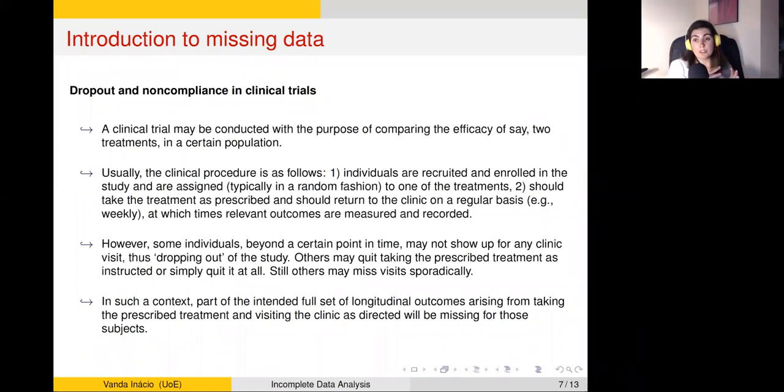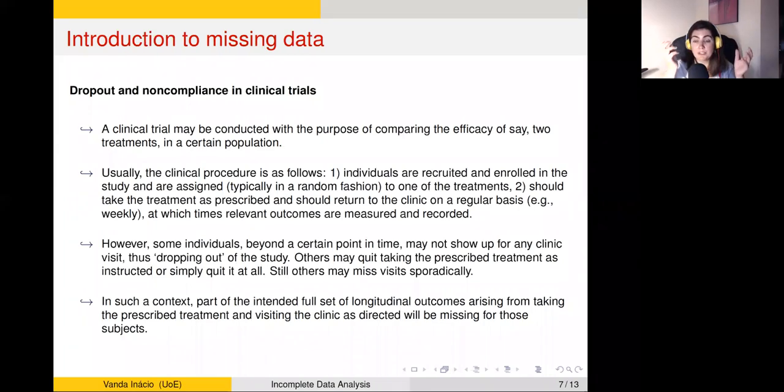So, for instance, if we think of a plot where on the horizontal axis we have the time points and on the vertical axis we have the blood pressure, for some participants we only have the beginning of their trajectory, or their trajectory up to a certain point in time, because after that point they have dropped out from the study.